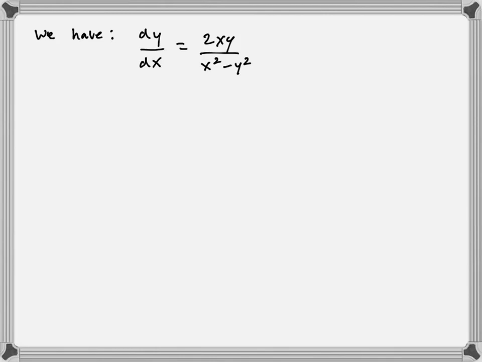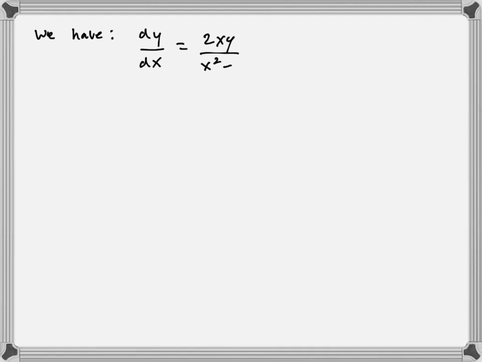So what do we notice? This guy is homogeneous of degree 0. Okay? How do we know that? Well, we can divide everything by x squared, by x, and sorry, I just realized I skipped a step.